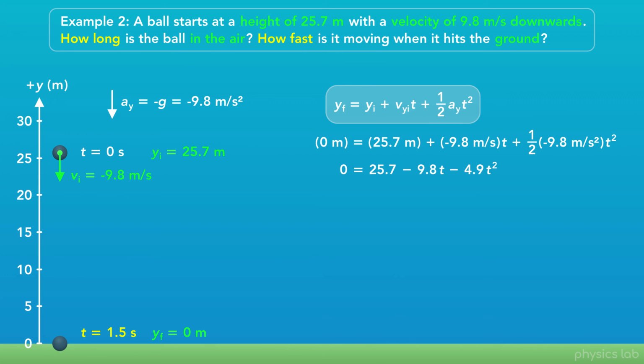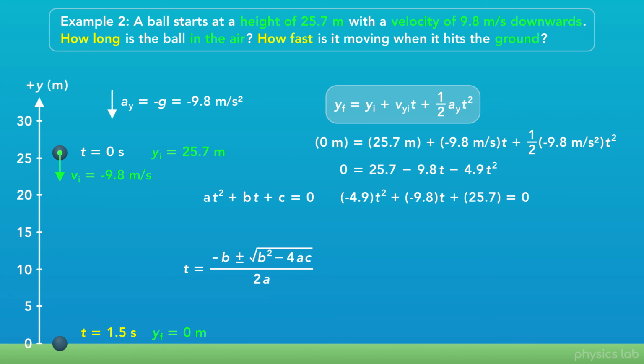If we don't have a calculator that can solve this, we need to use the quadratic formula, which is covered in the basics section. First, we need to rearrange this equation so it's in this form. A, B, and C are the coefficients, and each term is added together. If we rearrange things in our equation, A is negative 4.9, B is negative 9.8, and C is positive 25.7.